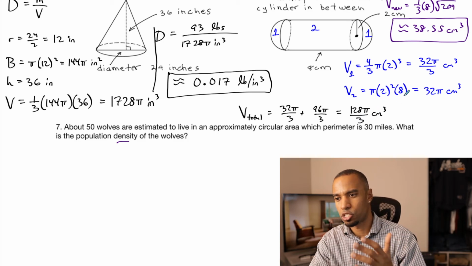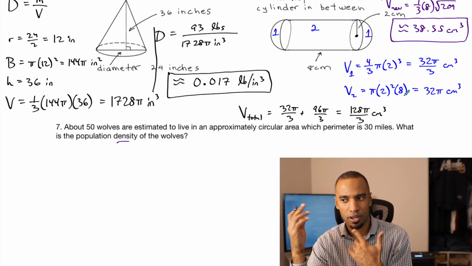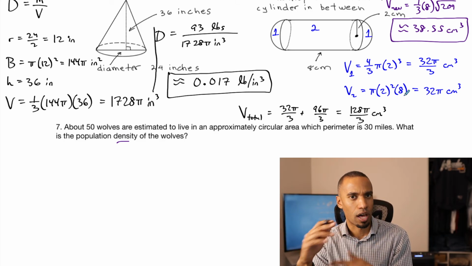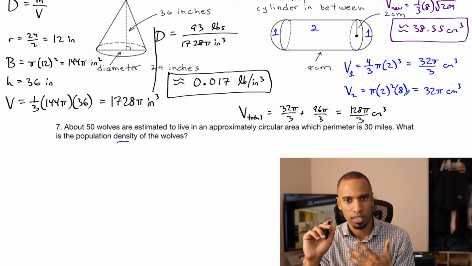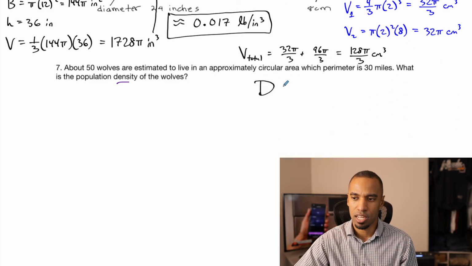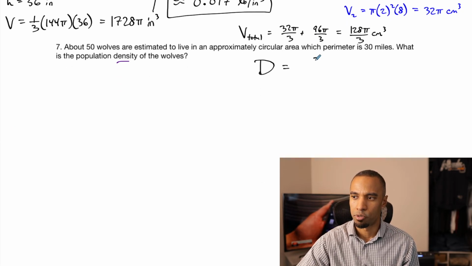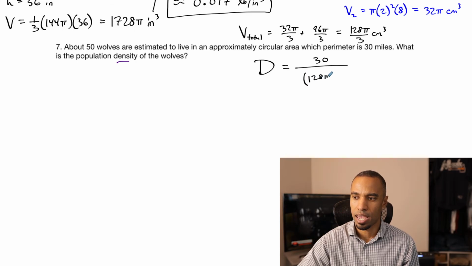All right, I want that exact answer when I do mass over volume, right? I have to do that mass, that 30, over this volume here, and I know the volume has a fraction within. There are a lot of ways that I could clean that up. This isn't something that I'm probably practicing with my class right now, so to speak. But that density being mass over volume, the mass was 30 grams, so I'm doing 30 over 128 pi over 3.